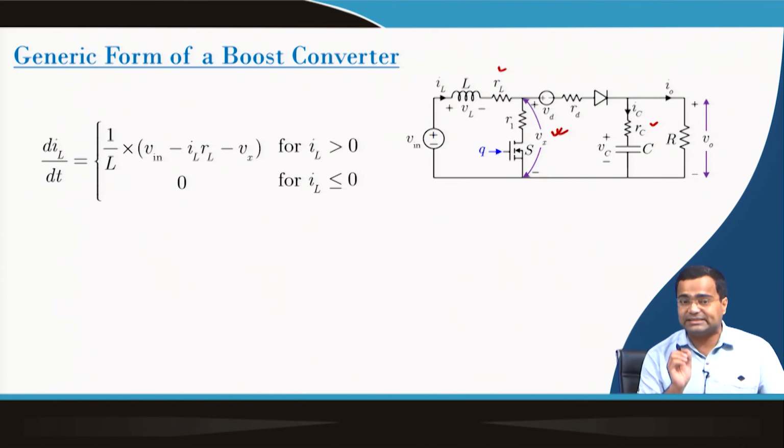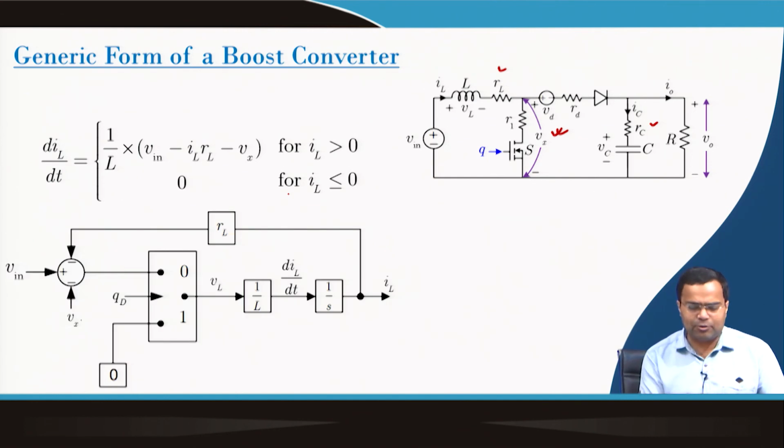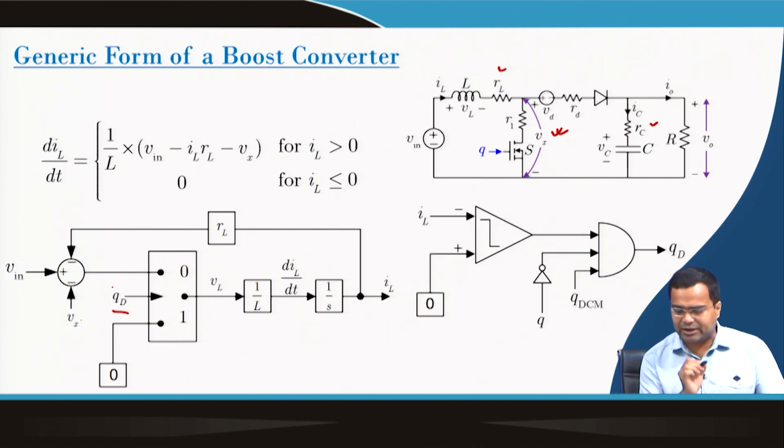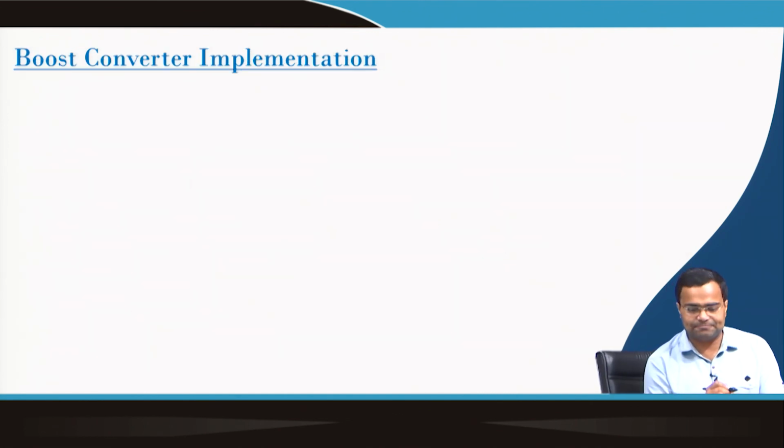Again, if we enable DCM operation, we need to check whether the inductor current is going below 0, then we need to stop the current, or keep the current at 0. Again, this block can be realized in a similar way as a discontinuous signal, that means this QD, and the QD can be generated by a DCM enable clock that we discussed earlier.